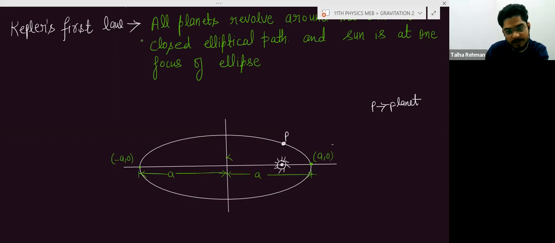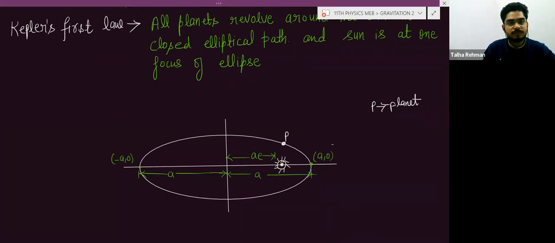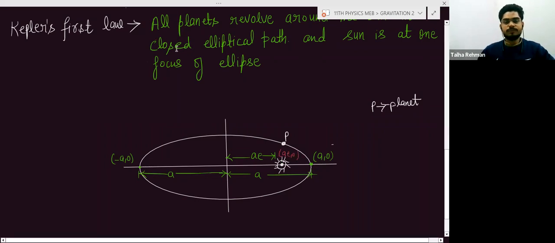And this distance is what? This distance is AE. So the coordinate of the focus will be AE comma 0.